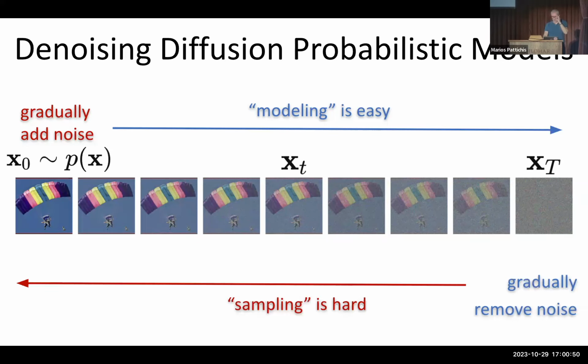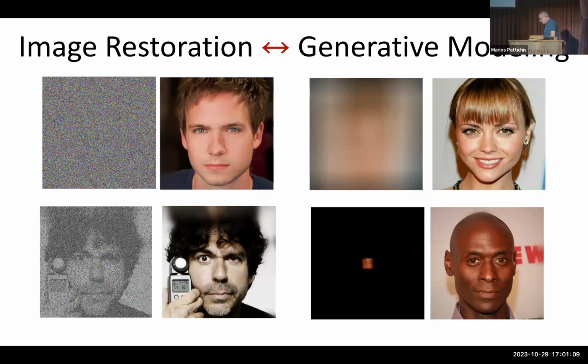You can take a real image and associate it with a sample of noise. What we're more interested in is to start with a sample of noise and go the other way. In other words, you start with a sample of noise and you want to sample an image from the distribution P of X. How do you do that? It seems like magic. And one thing from my background is image restoration.